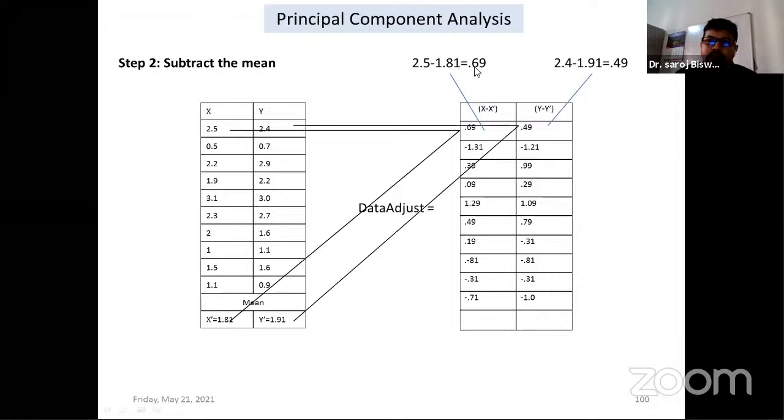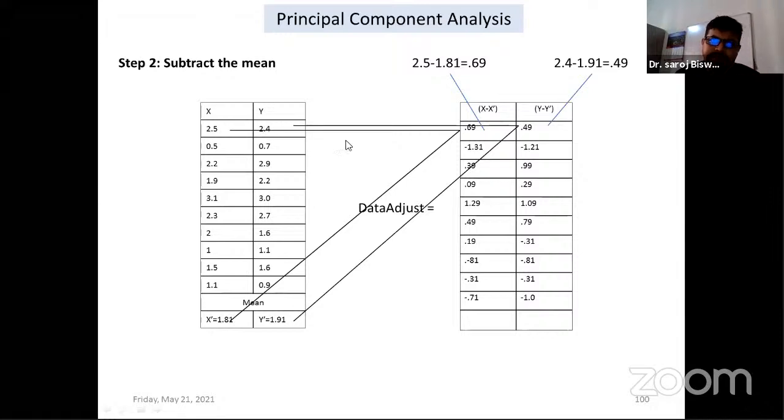So it becomes 0.69. And that's the value of the data adjust here. Similarly for y, the value of y is 2.4, and subtracting the mean, that is 1.91, it becomes 0.49. So this is the value here, 0.49, against this value of y.